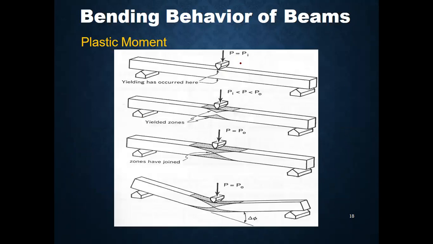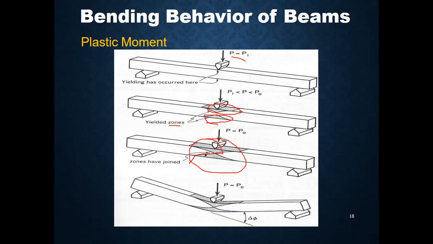If we look at the plastic moment, initially the yielding occurs at a certain point of loading, let's call it the load Py. Once the yielding starts, it causes yielding in both the tension fibers and the compression fibers. With the increase in the load, the two zones join each other, the compression and the tension.